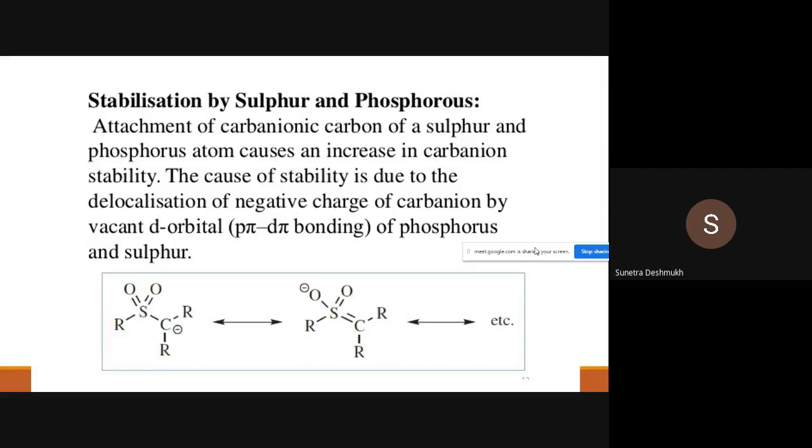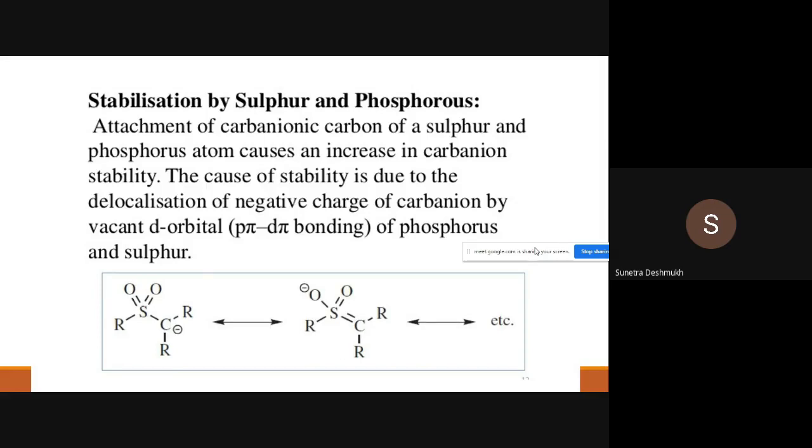In different reactions you can find sulfur ylides and phosphorus ylides; a very well known reaction with phosphorus ylide is the Wittig reaction. Phosphorus has d orbitals, and if vacant d orbitals are present there, they can give the space for p pi d pi bonding.